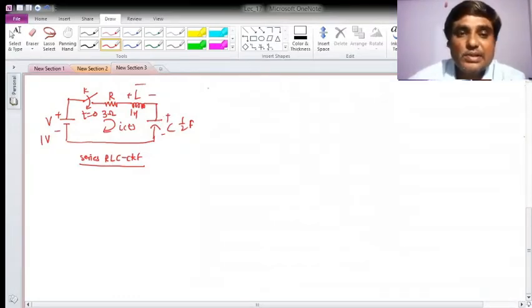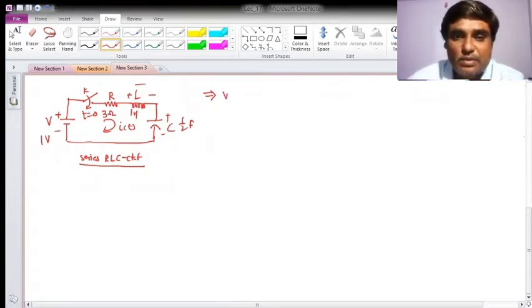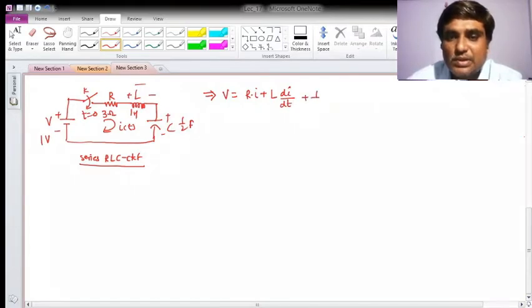Let us write it mathematically. First write the equation. Applying KVL here: R into i plus L di by dt plus the voltage across the capacitor, which is 1 over C integral of i of tau d tau.